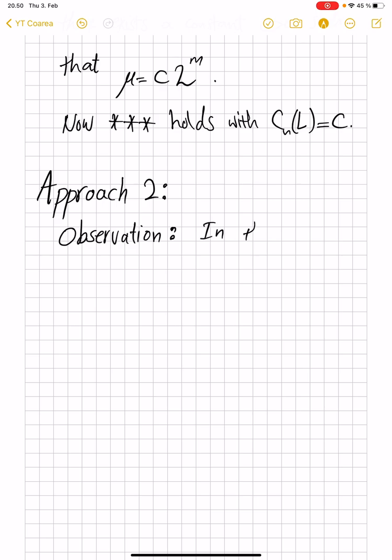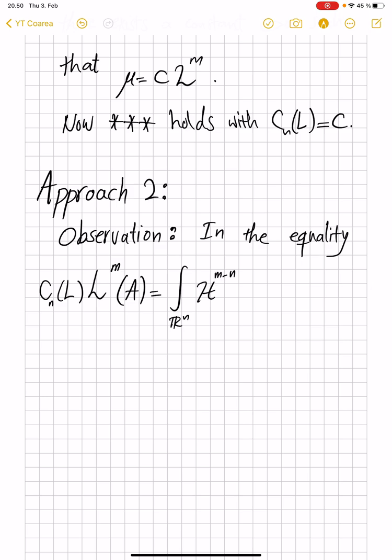In the equality for C_{n,L}, this is just 3 star that I'm repeating for your convenience, for Lebesgue measure L^m of A equals the integral over R^n of H^{m-n} of L inverse of z intersection with A, d L^n of z. So remember, we want to prove that there is a C_{n,L} which makes this true for every A.